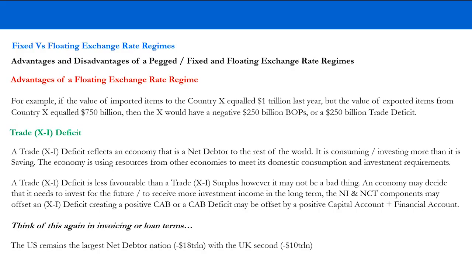So it's not necessarily a bad thing, but it's obviously less favorable than a trade surplus. And in the modern world, the US remains the largest net debtor nation at minus $18 trillion, with the UK a close second.